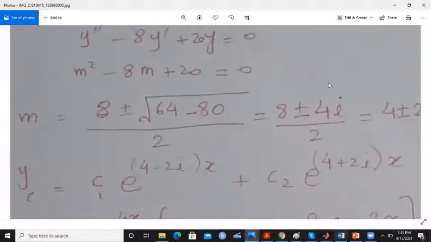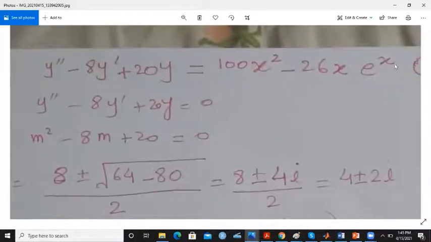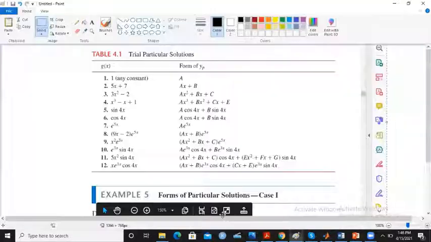Now let us work for the particular solution. Please look at the right hand side of this given differential equation very carefully. We can see that on the right hand side we have a mix of a polynomial and the product of a polynomial and an exponential function. Now let us quickly look at the table that we had. Here is the table.